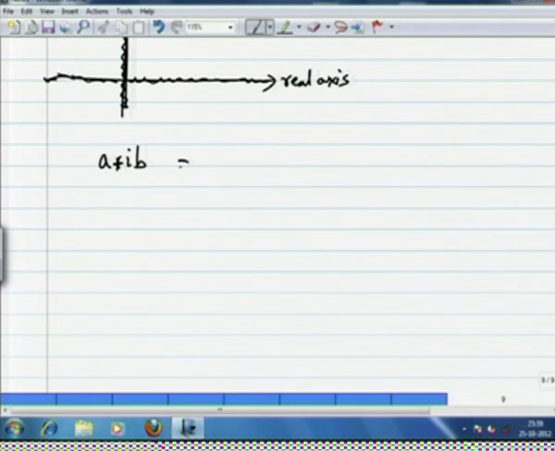This is indeed the complex number a, which is a plus i times 0, plus the complex number i times the complex number b plus i times 0.